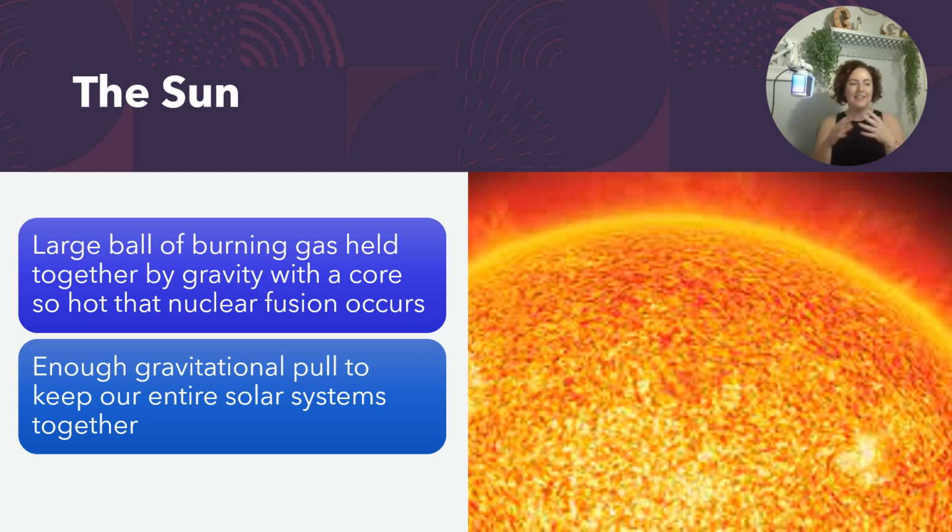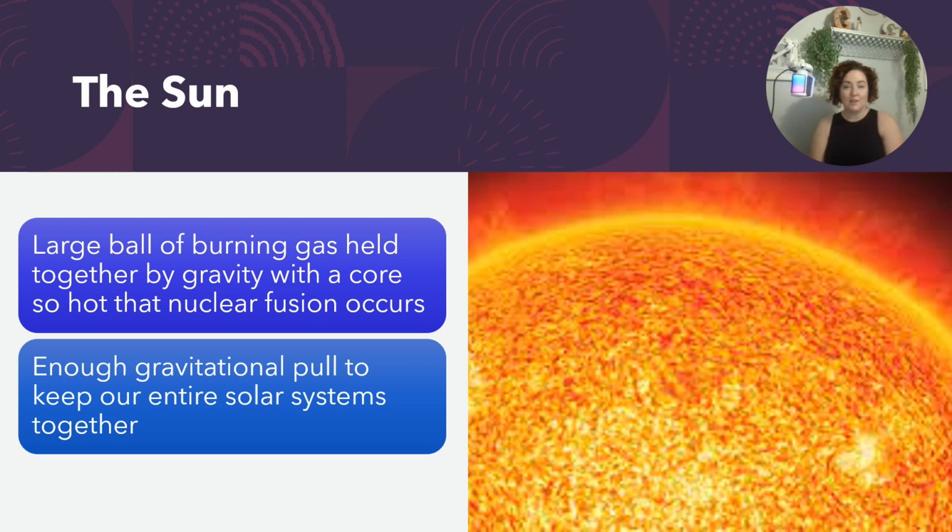Technically, it does have some solidity to it, but it's really, really hot, and that's where all of the sun's power is being created. Nuclear fusion is what keeps the sun alive, these different atoms coming together and creating an immense amount of energy.